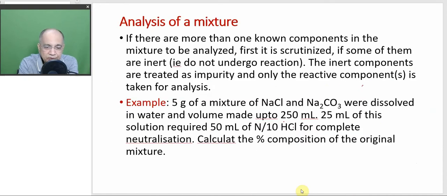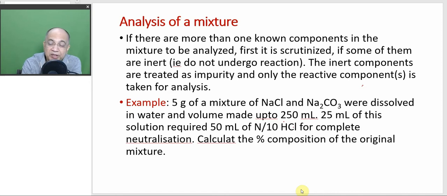So when we are going to analyze a mixture, when impurity is there, no name of the impurity, you have to presume that impurity has no chemical role to play. It is inert. But if there are more than one component, that's a mixture you are going to analyze, percentage of each component in the mixture.